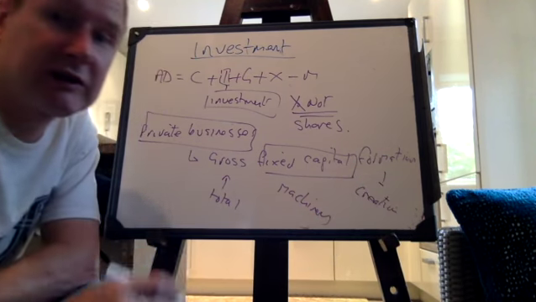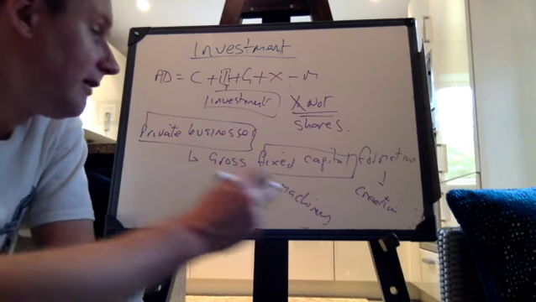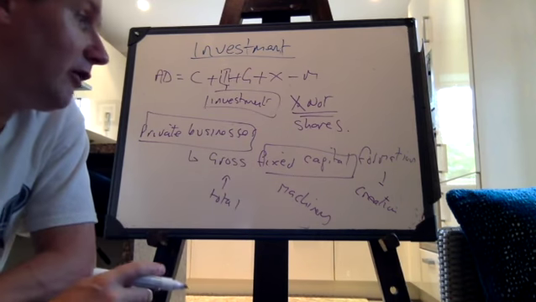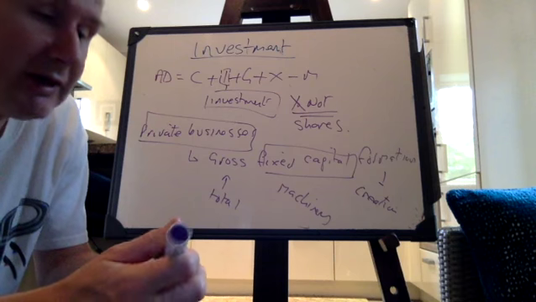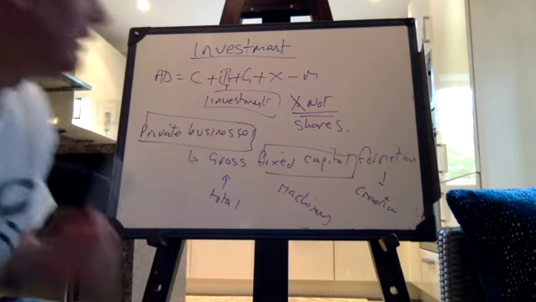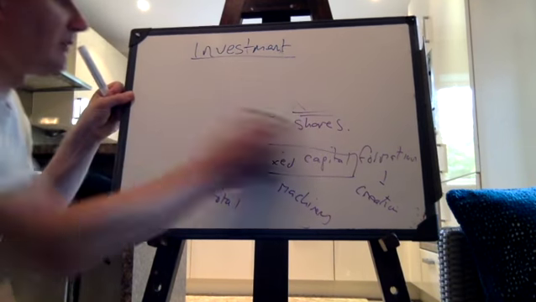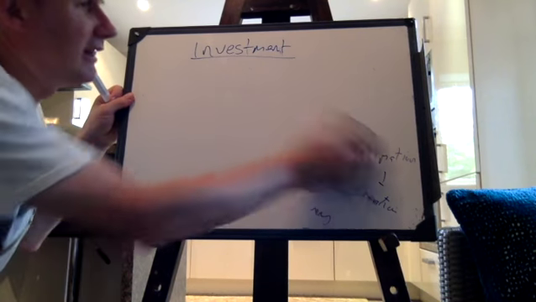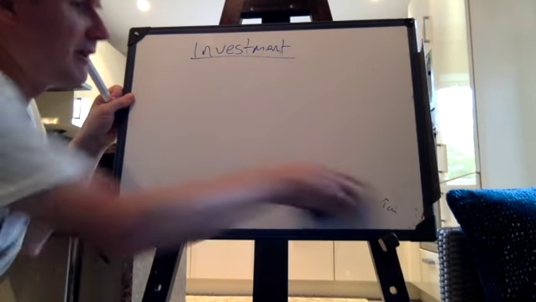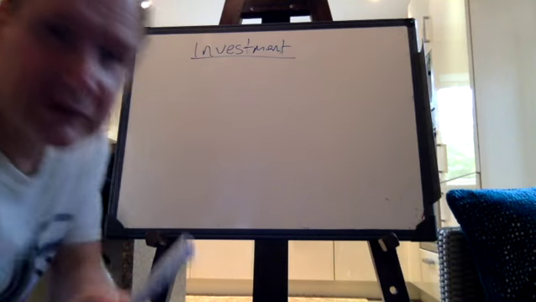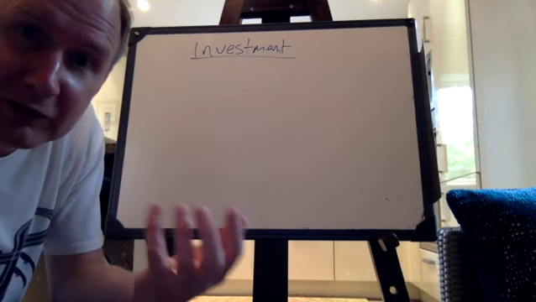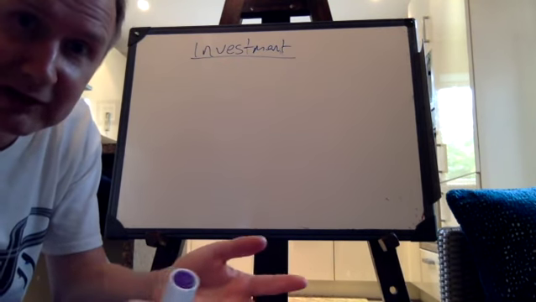So investment is the creation, in total, of new fixed capital, new machinery. Now, investment might mean more than that, but your starting point is to think of a new office, a new factory, new computer equipment, that type of stuff.